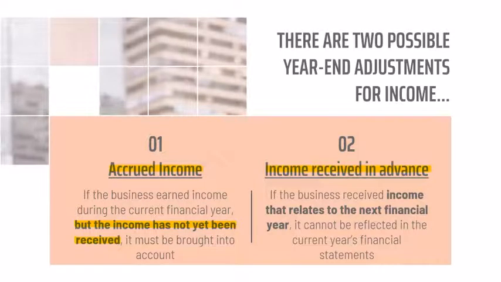Income received in advance says the business received income that relates to the next financial year, and therefore it cannot be reflected in the current year's financial statement, so we will have to take it out. We haven't earned it in these 12 months, so it can't be on this income statement. Okay, let's go and look at them individually.